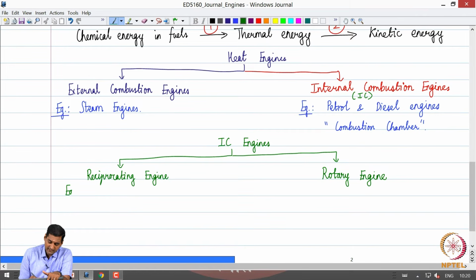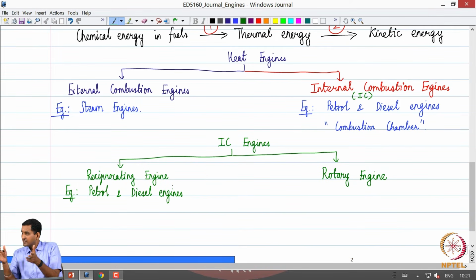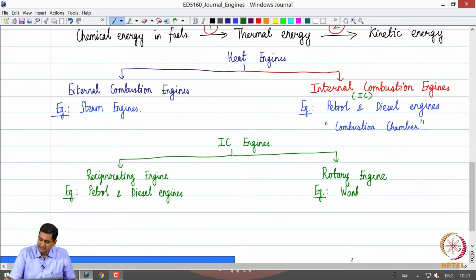Reciprocating engines are, once again, our typical petrol and diesel engines. Most petrol and diesel engines use a piston in the combustion chamber to convert the thermal energy into kinetic energy. You have translational motion which is essentially repeating, and that is a reciprocating motion. A common example of a rotary engine is the Wankel engine, where rotary motion is used to achieve this energy conversion process.